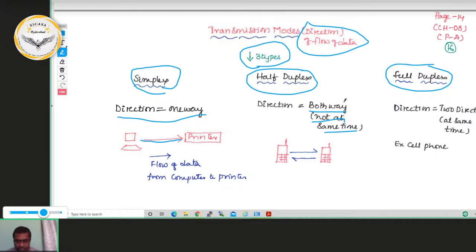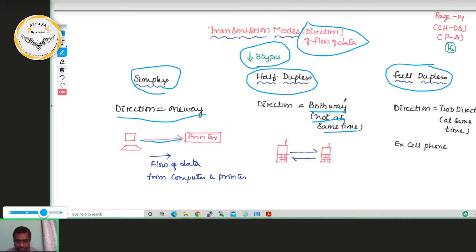If I am transmitting one bit after other bit, for example, first second I transmit 1, second I transmit 1, third second I transmit 1, fourth second I transmit 0, fifth second I transmit 1. Like this, if I am transmitting one bit after another bit, then it is called as a serial transmission. So what do you mean by serial transmission? It should satisfy two conditions. One, it should have a single transmission medium and it can transmit one bit after another bit.